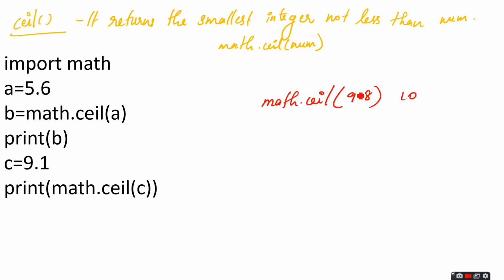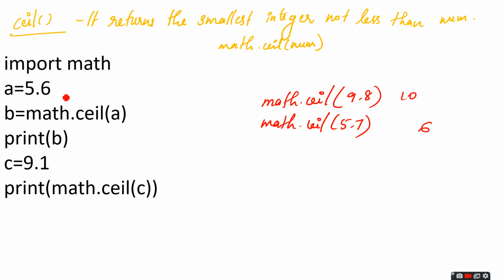That is 10. 10 is the next value. So we'll get the value as 10. Or if you are writing like this: math.ceil 5.7. So we want to get the smallest integer not less than this number. The next number is 6. We'll get the value as 6.